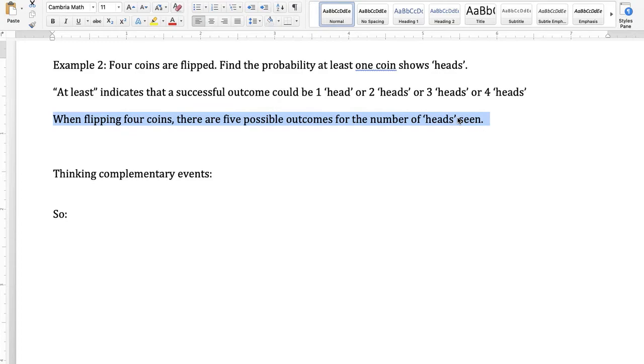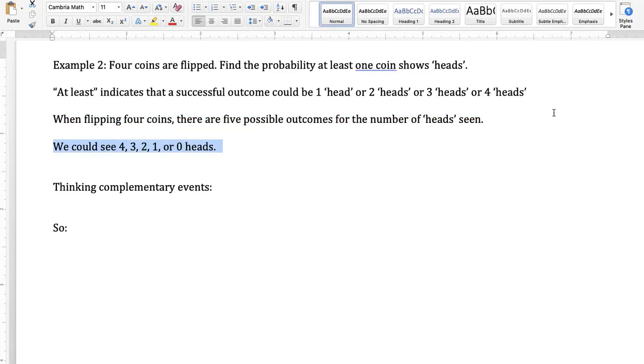Rather than going through each, we can think that there are 5 possible outcomes for the number of heads that are seen. We could see 4, 3, 2, 1, or even 0 heads show up when we flip 4 coins. We want this set here. We want all the different ways for 4, 3, 2, or 1 head to show up when we flip our 4 coins.